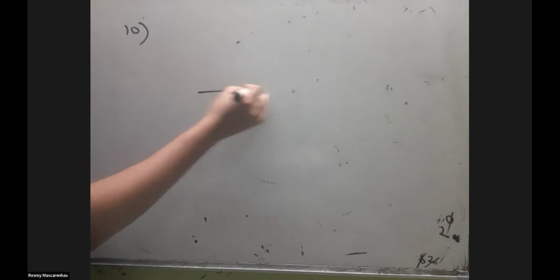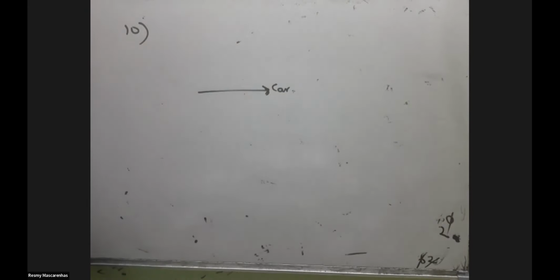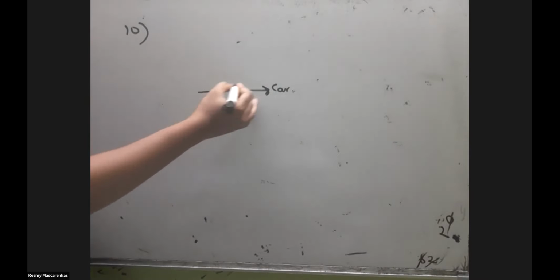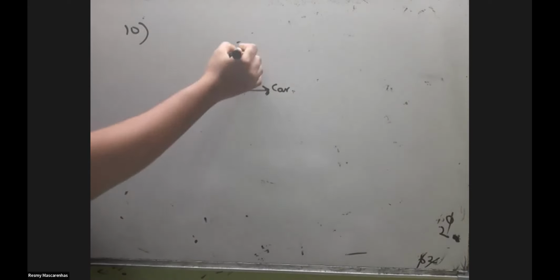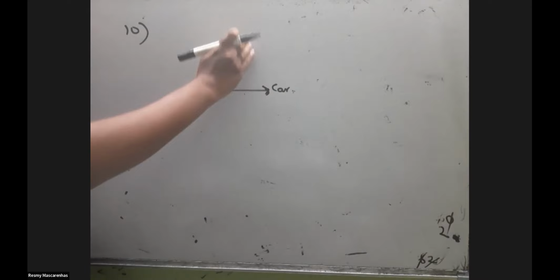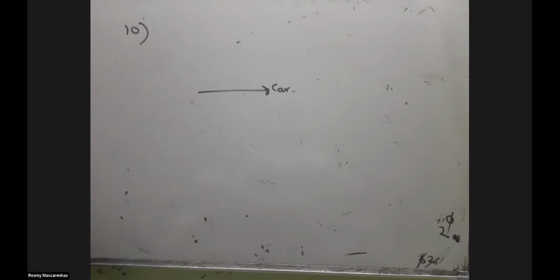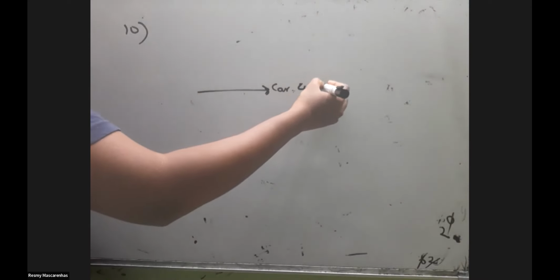There's a car which is moving. Suppose this was the car, then this would be the roof, and then the rain would be falling. So just keep it horizontal this way only. The car is moving 40 kilometers per hour.